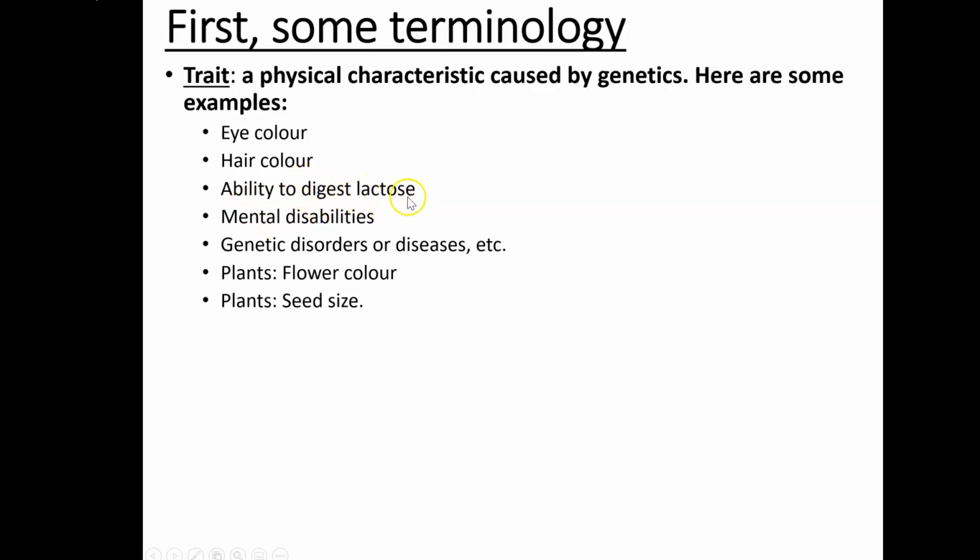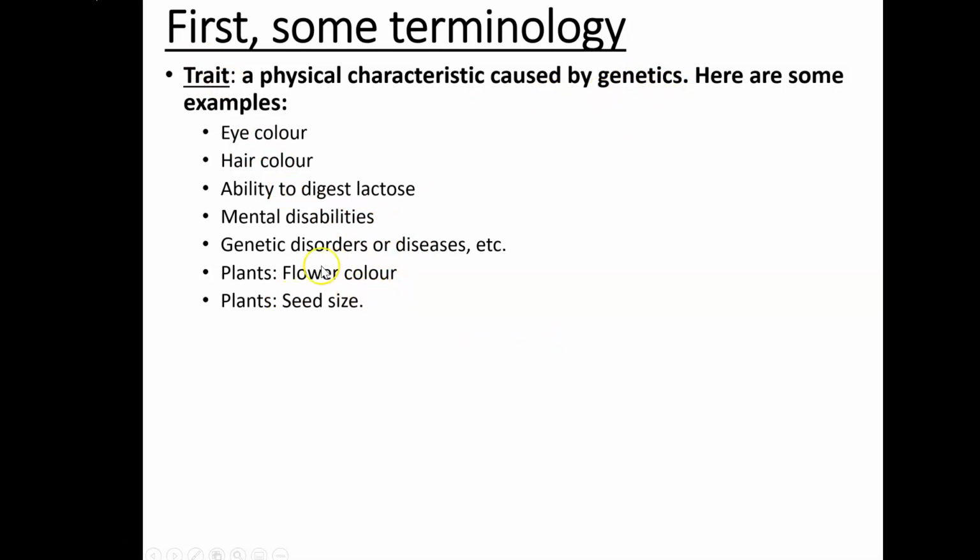Some of you are lactose intolerant, and you're not able to break down this, as you should know from the first unit, milk sugar. Lactose is a milk sugar. Certain mental disabilities, genetic disorders like Down syndrome, for example, or diseases. These are also examples of traits that are caused by genetics.